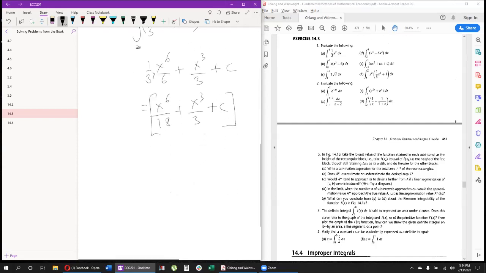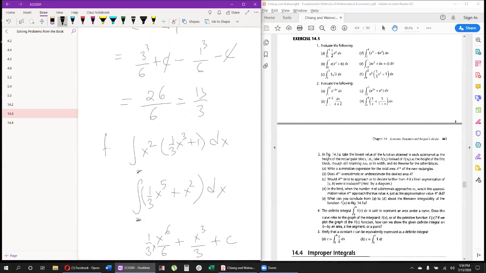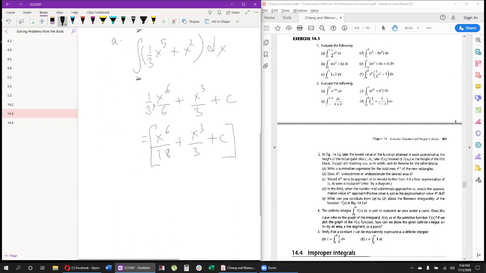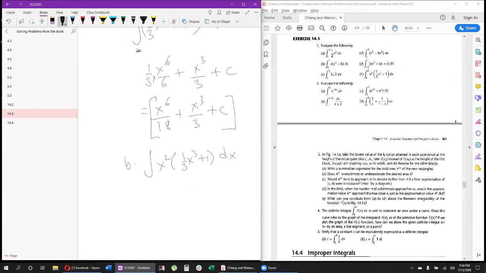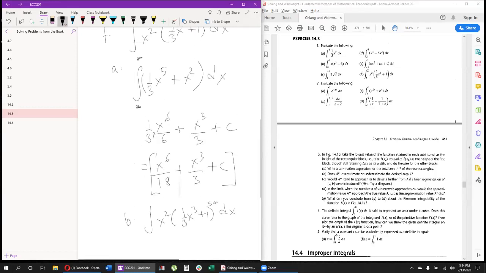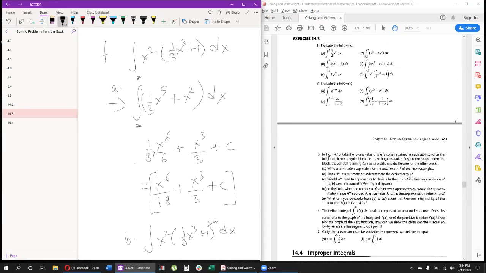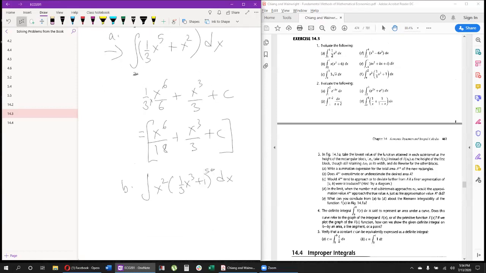The second way of solving this, so that was method 1, method 2 would be x squared times 1 by 3 x cubed plus 1. In this case I don't have to, but let's suppose this was to the power 50. In that case I can no longer simplify the way I did in this step. So what would I do in that case?